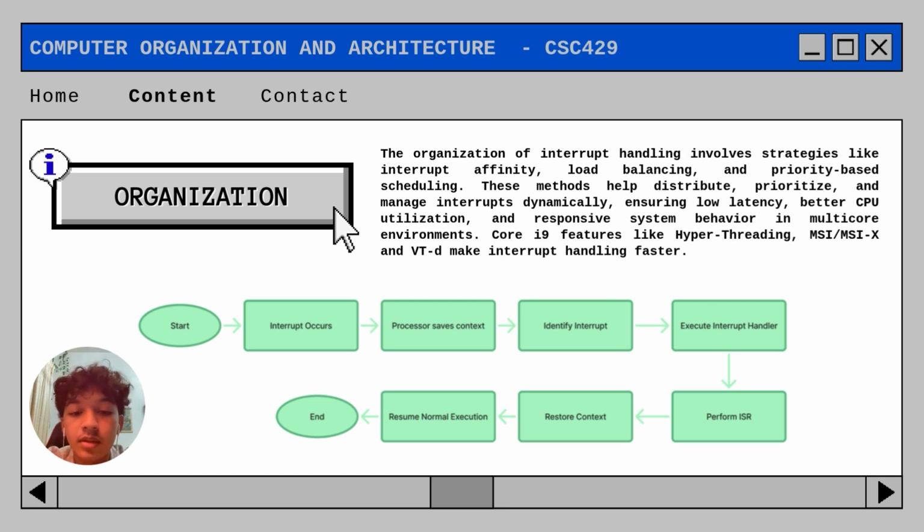These approaches ensure efficient distribution, low latency, improved CPU utilization, and responsive system behavior. Advanced features in Intel Core i9 processors, such as hyperthreading, MSI or MSI-X, and VT-d further enhance and speed up interrupt handling by enabling faster, more flexible delivery and processing of interrupts.